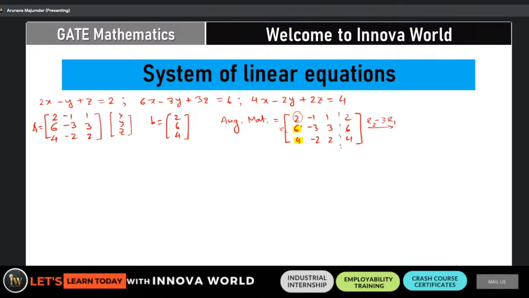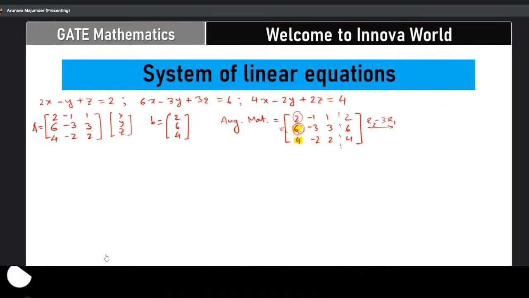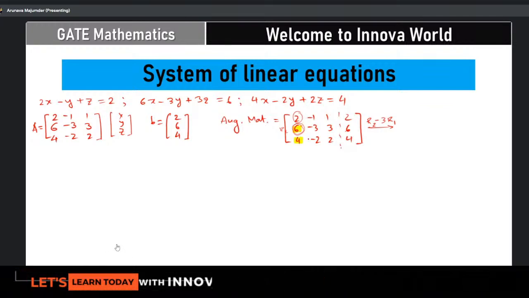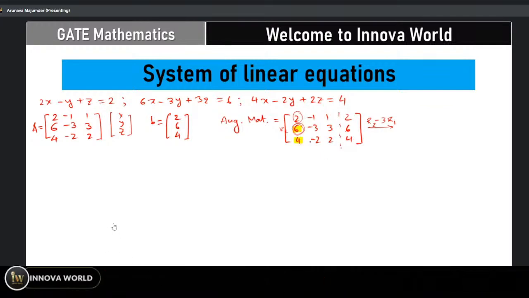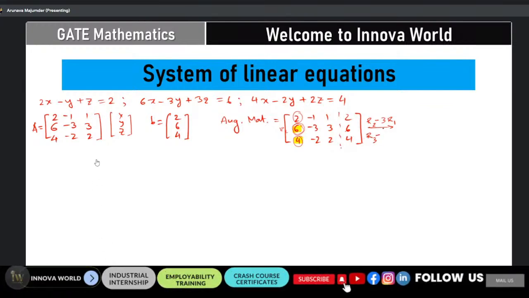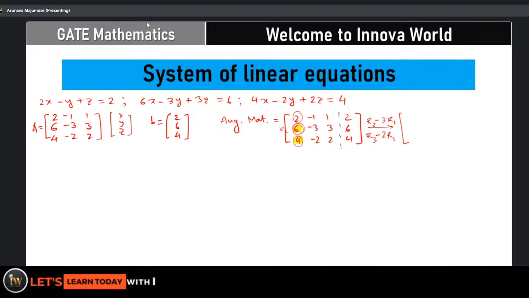This can also make this element 0. R2 element is 6, minus 3 into 2, this is also 6, so 6 minus 6 becomes 0. Similarly, how to make this element 0? R3 minus 2 into r1. So you can use these operations directly to make these two elements 0.